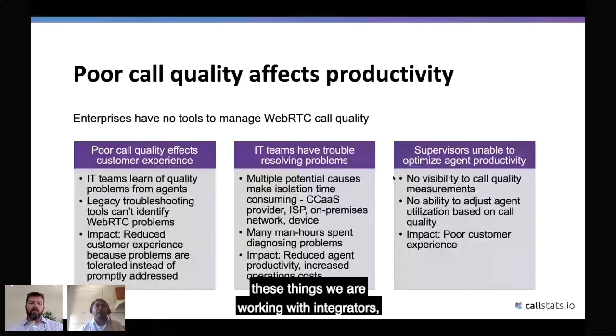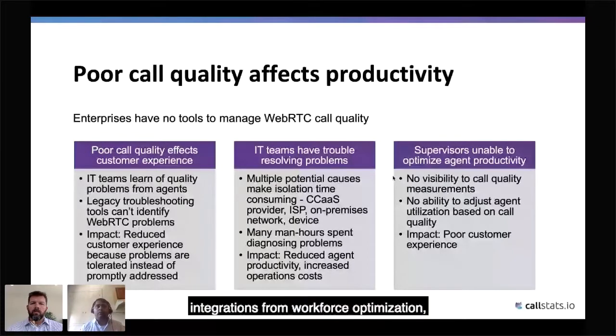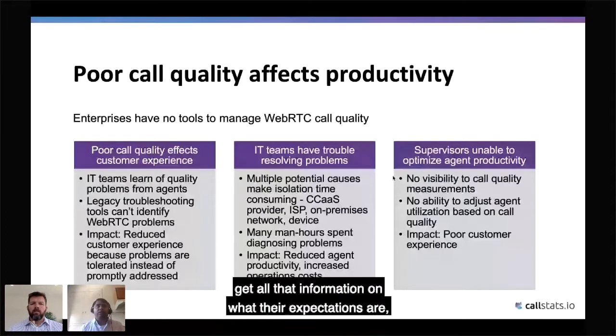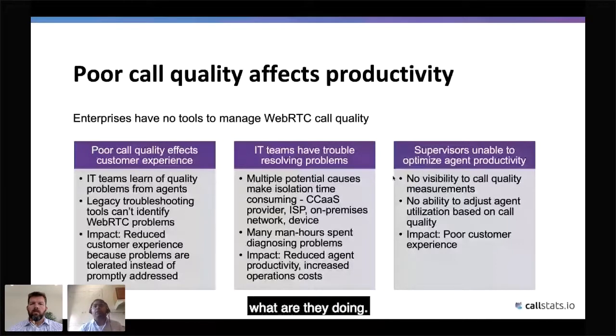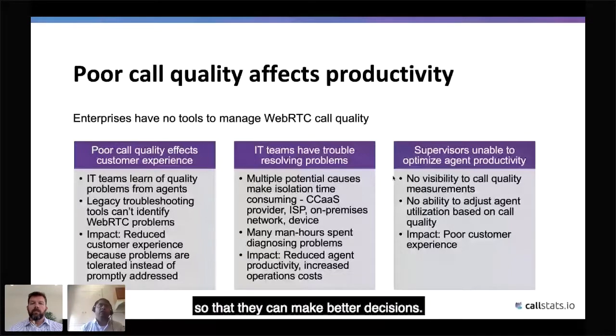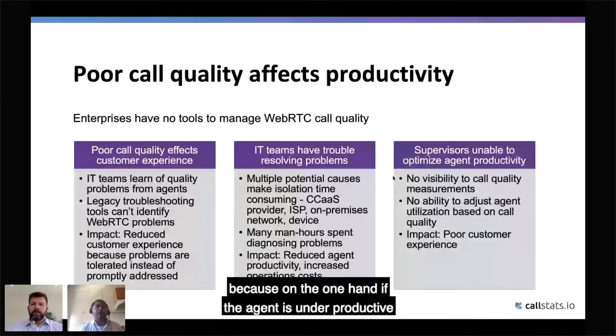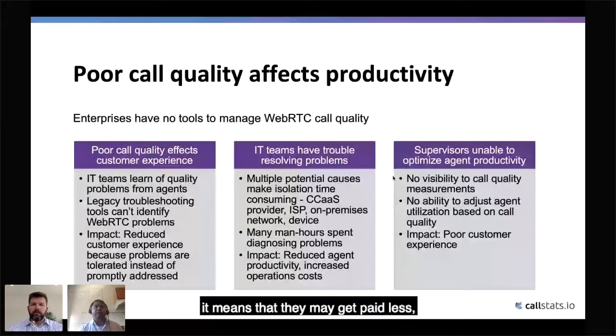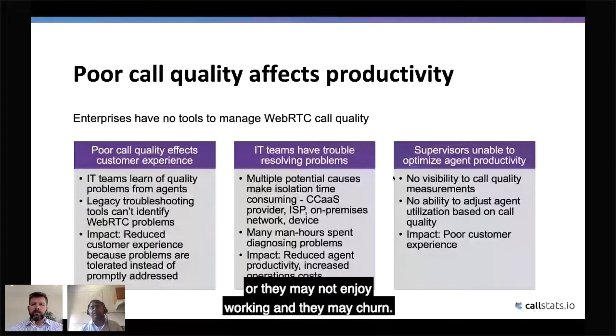We are working with integrations from workforce optimization tools and workforce management tools, getting all that information on what their expectations are and what they are doing, collating all this information and exposing it to supervisors and operators of the call center, so that they can make better decisions. Productivity is really important because on one hand, if the agent is underproductive, they may get paid less or they may not enjoy working and they may churn.